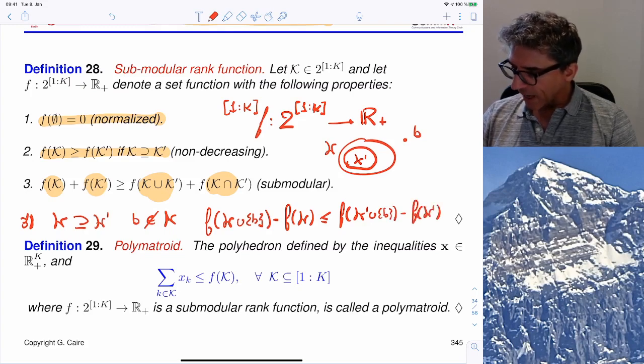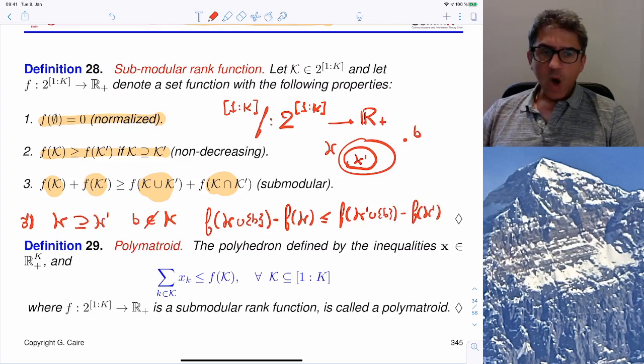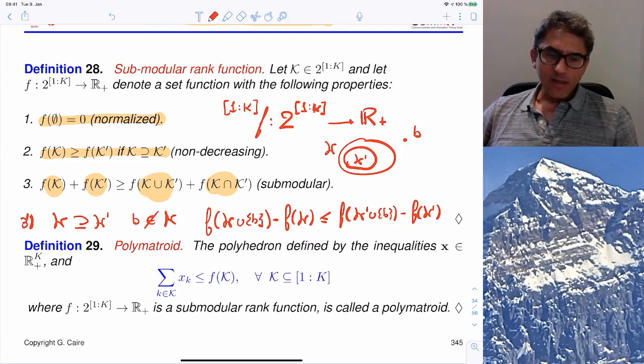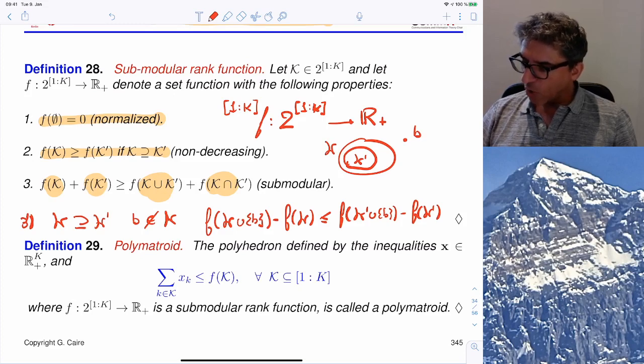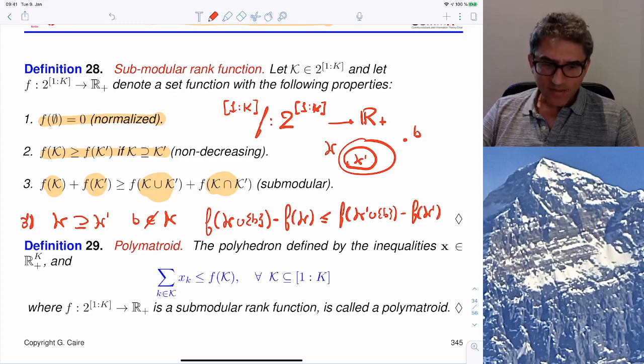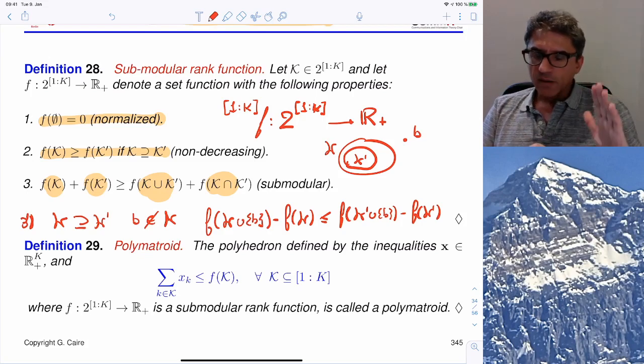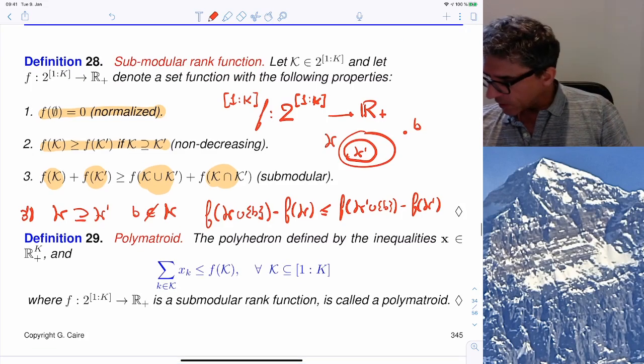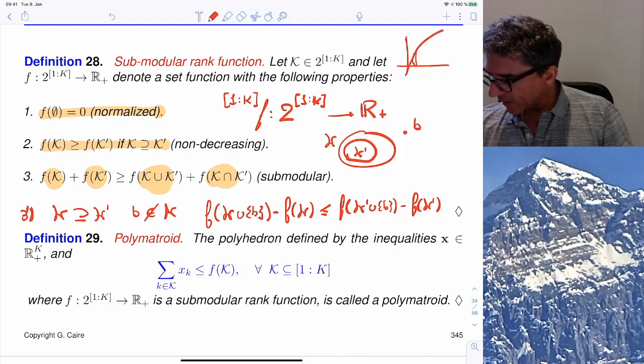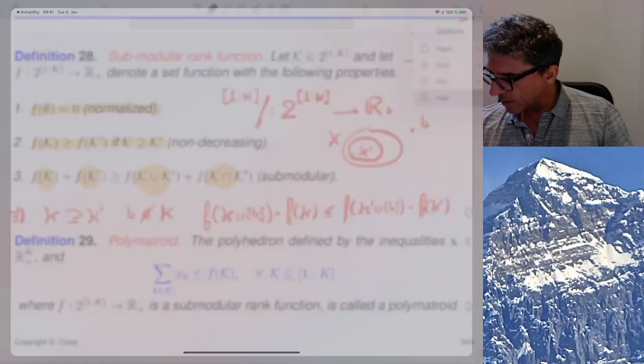In other words, the variation of the function, if you augment a bigger set by an external element, is not larger than the variation of the function if you augment the subset by the same element. That's why it's a law of diminishing return. If you make a little step here, you get a big variation. But if you make the same little step here, you have a much smaller variation.